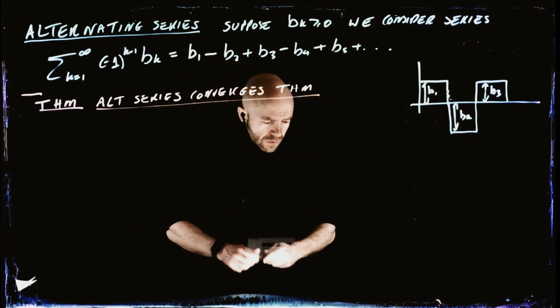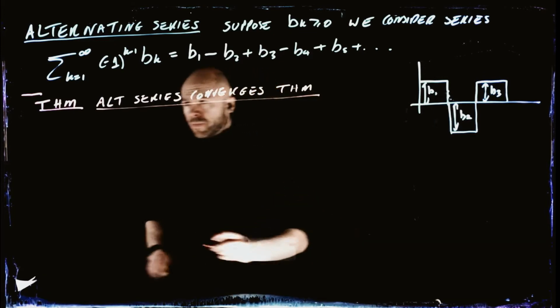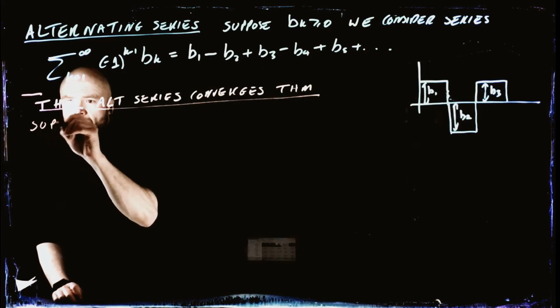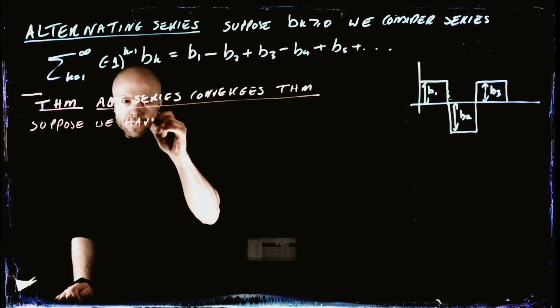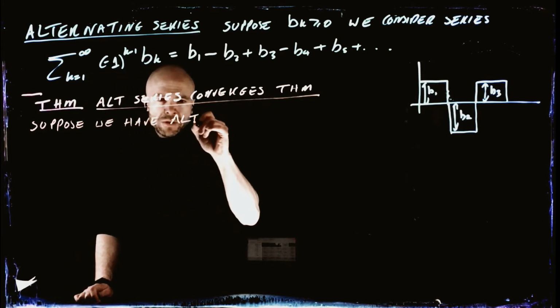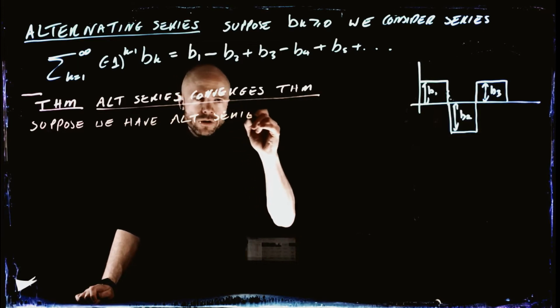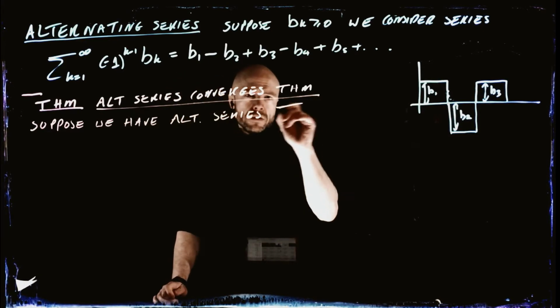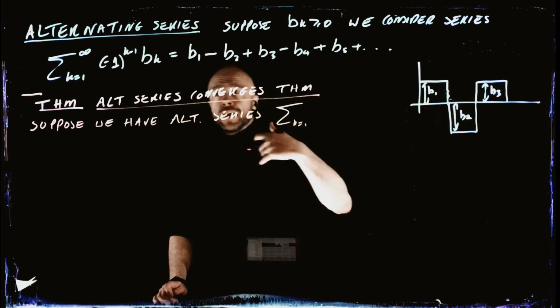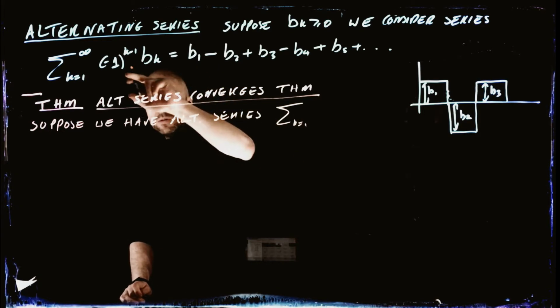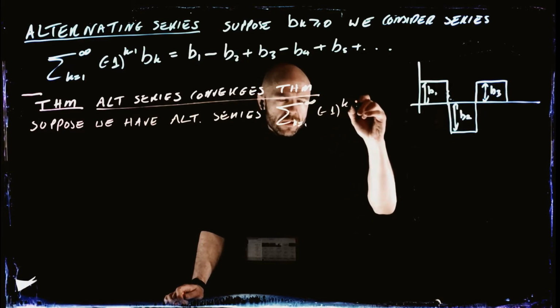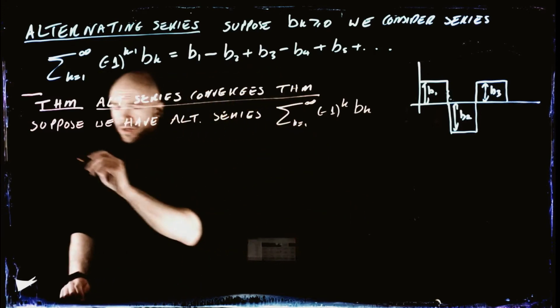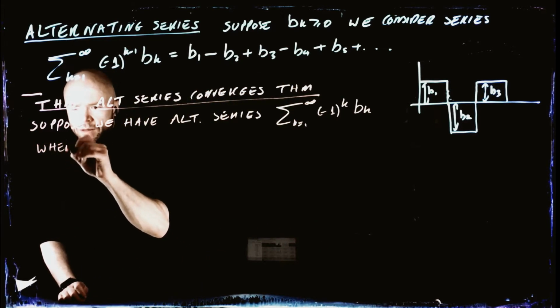So, suppose we have an alternating series. Alternating series will be abbreviated to alt series from this point on. And it's like this. Without saying it, I'm always going to have it of this form, where the bk are positive: the sum from k equals 1 to infinity of (-1) to the k times bk.